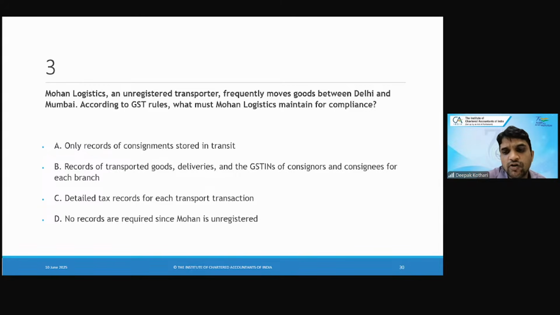Who will conduct GST audit? Will there be any separate audit as part of internal standard? No, separate. GST audit will be done by a GST officer, or he can authorize a chartered accountant or a cost and works accountant to do the audit. Your option is B. Records of transported goods, deliveries, and the GST of the consignors and consignees for each branch.